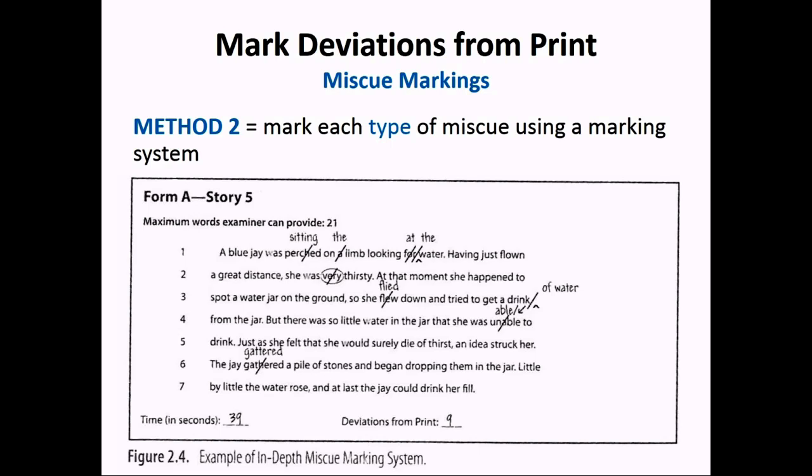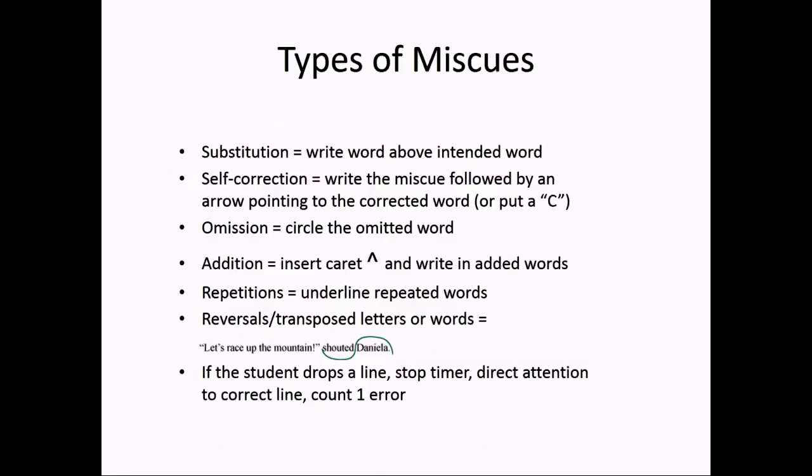That means the child omitted the word, so the child read she was thirsty. So she flew down, and instead the child read the word as flied down. All right, so those are the miscues, and this is a miscue analysis, or a miscue recording, rather.